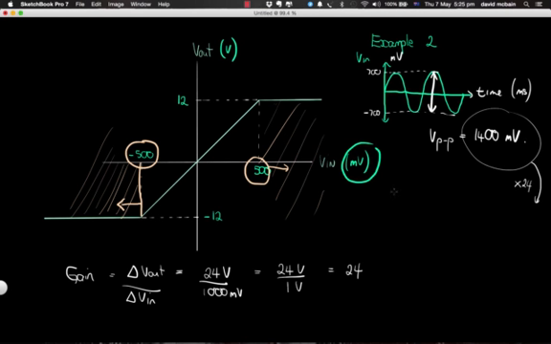So that means that if we now draw our output graph, here's our V out graph with time, and we once again note that because it's a positive gain, it does not invert, so the output will be non-inverted.